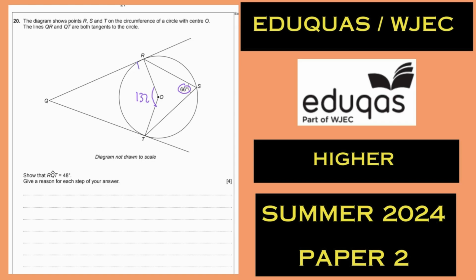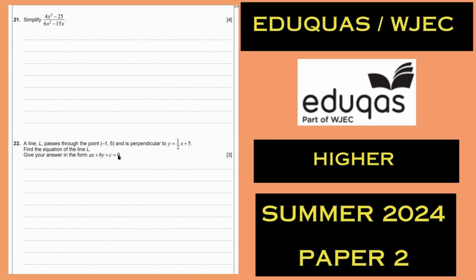Second, that angle and that angle are both 90 degrees because tangents meet radii at right angles. Final reason, angles in a quadrilateral add up to 360. This angle, you do 360, take away the 2 right angles, take away the 132, and hey presto, you get the 48 that you were asked to show.